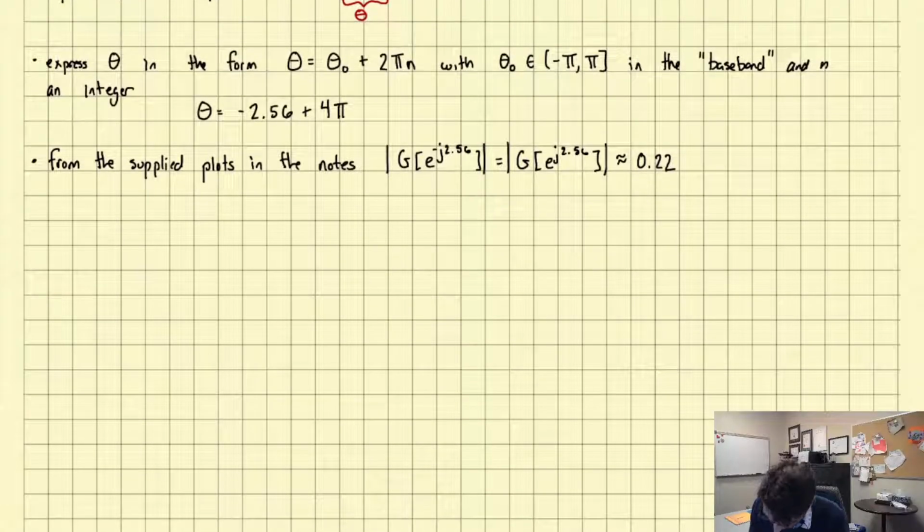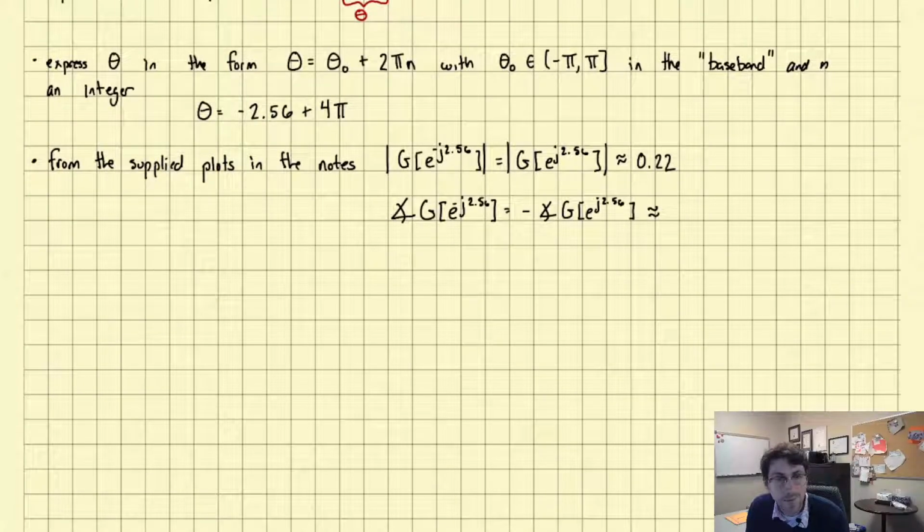And we get that the angle of this complex number, using the oddness of the phase function and then reading it off the graph at 2.56, is approximately negative 0.6.